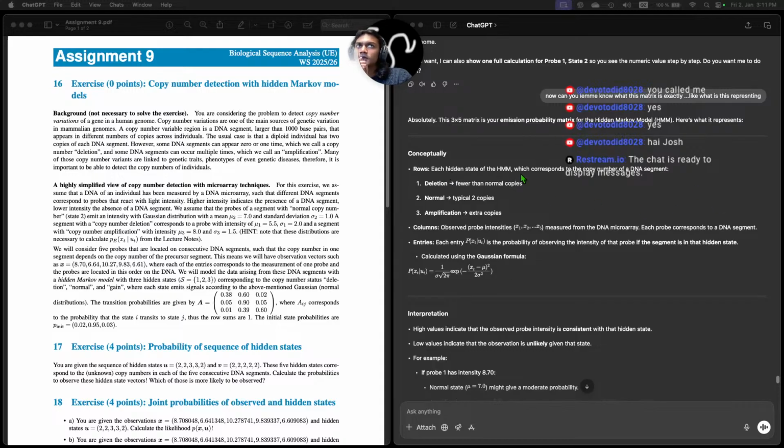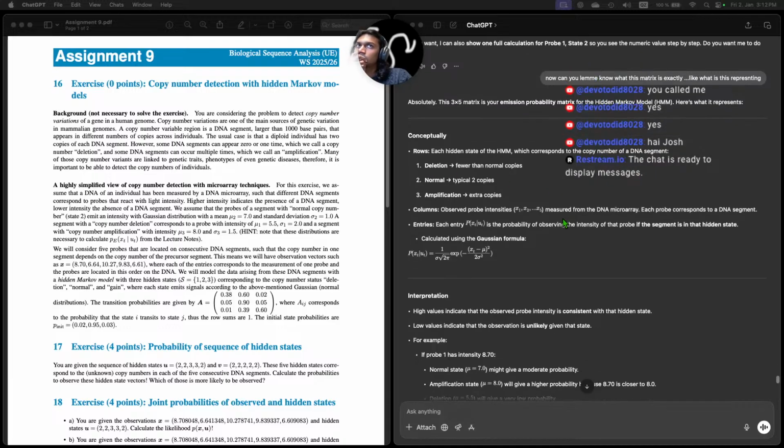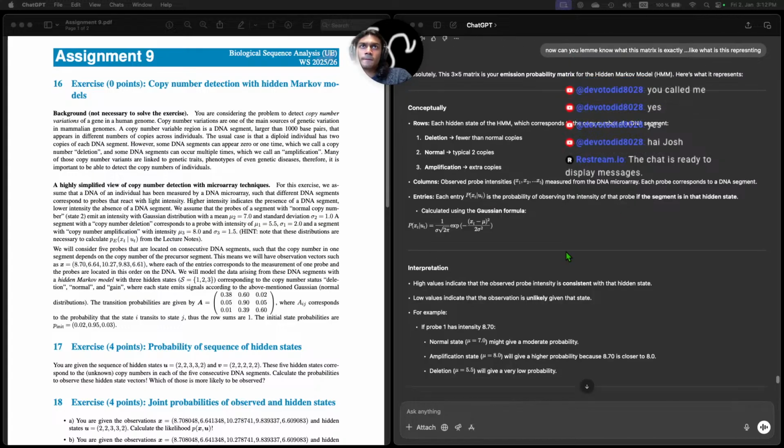Each hidden state corresponds to the copy number, deletion, fewer than normal copies. It's the probability of observing the intensity of the probe if the segment is in the hidden state. High values indicate that the observed probe intensity is consistent with the hidden state.